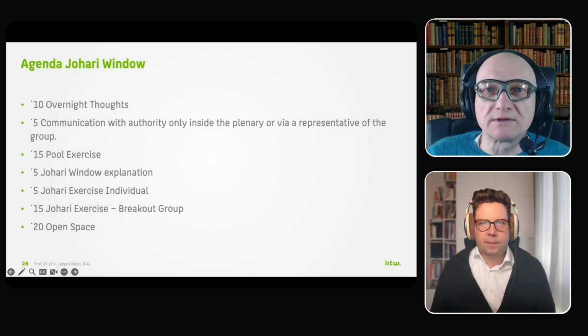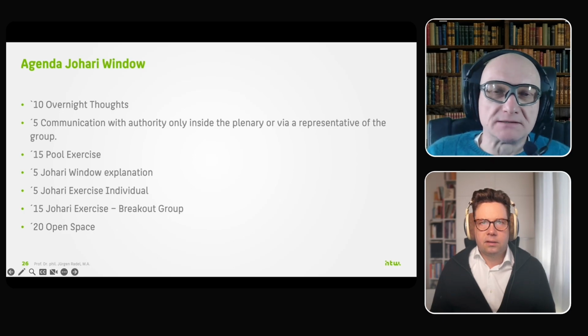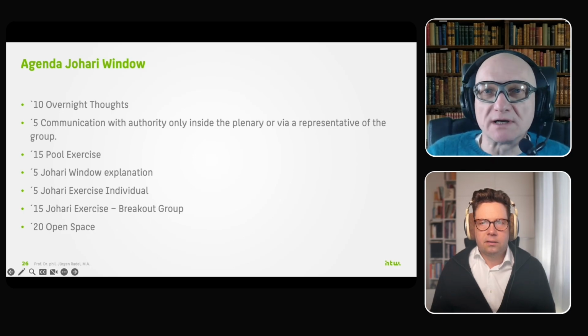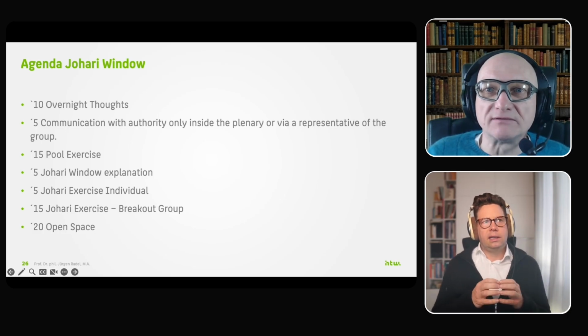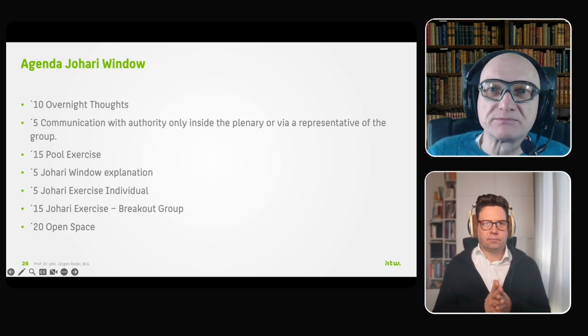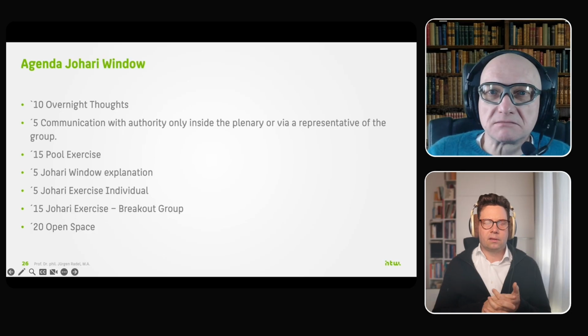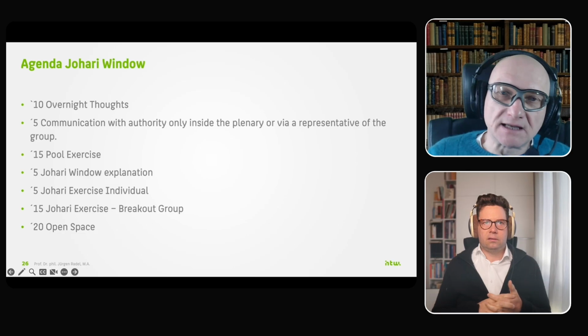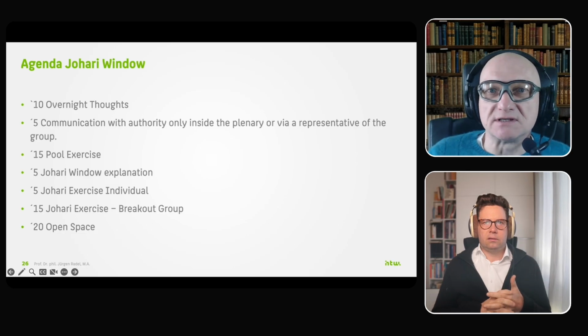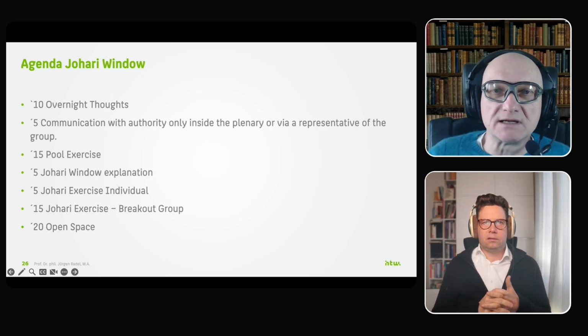Because people do what they are used to do, and they are used to address certain things outside of the plenary, as we say, because it's how things were done in everyday business. And it has a certain advantage. It's faster. There are probably decisions to take that are not really interesting for all the rest.